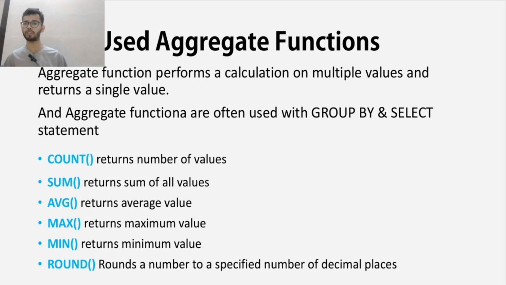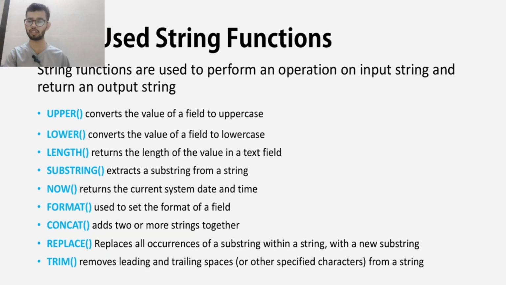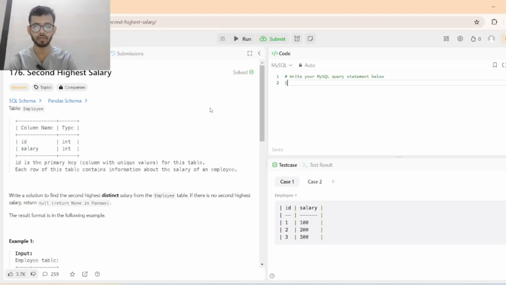These are often used with group by and select statements. We will be discussing them in detail in the upcoming parts also. Let's understand how we can use these aggregate and string functions in our SQL problem.